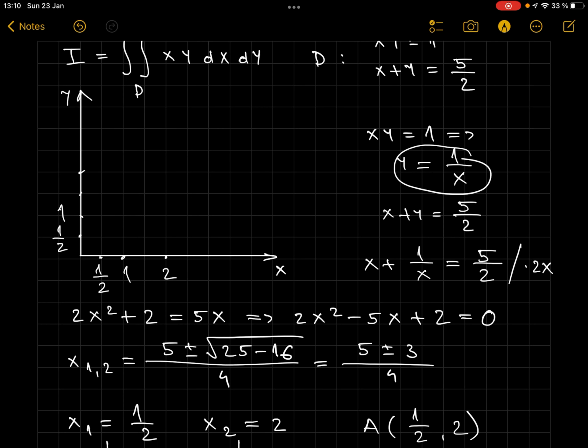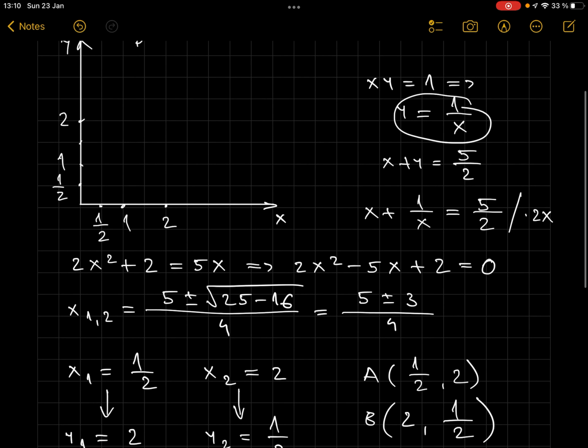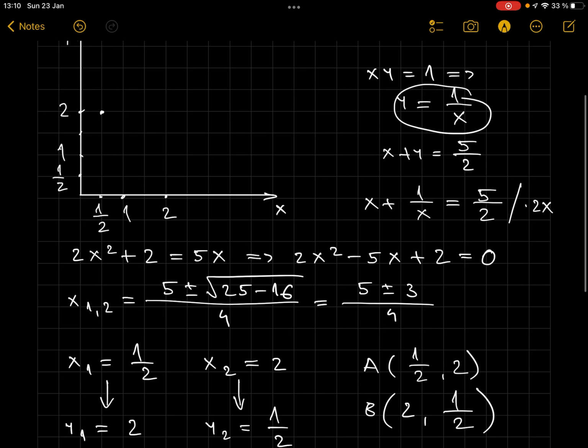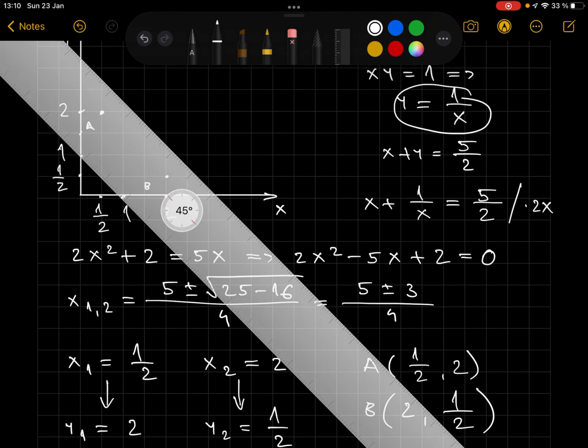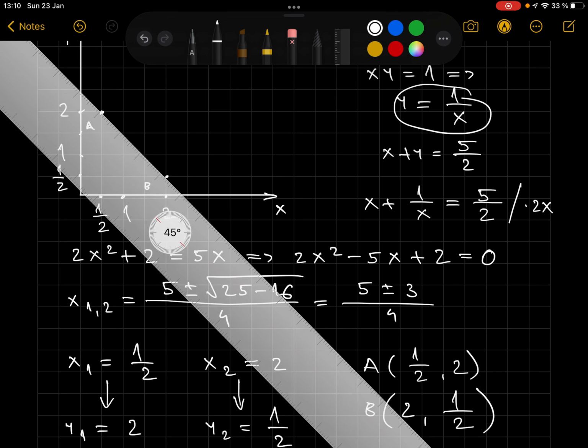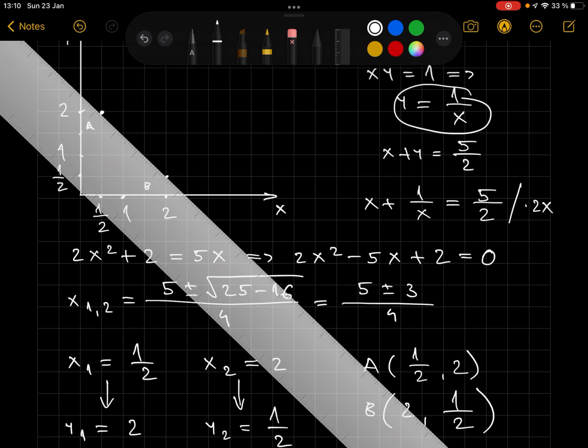So 1/2 and 2, that's our point A. And 2 and 1/2, this is going to be our point B. Again, I'm going to use the ruler to try and graph this out as accurately as I possibly can.